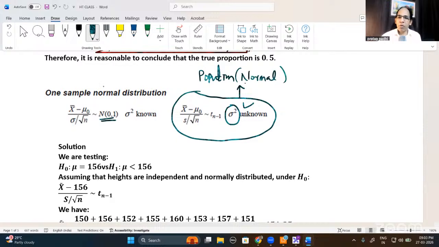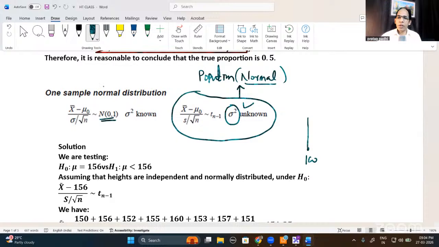Everywhere the population is normal. What does population normal mean? Suppose I am checking IQ, there should be little variation. Most of their IQ should be around a particular number, suppose 100, like 100, 98, 99. Suppose I'm talking about the whole school, 20,000 students.